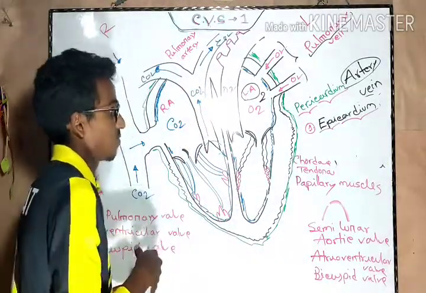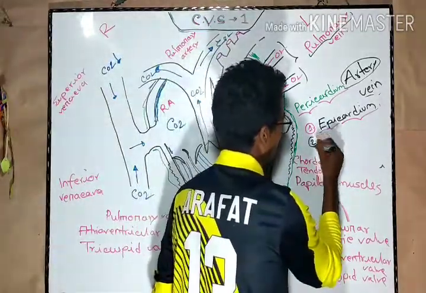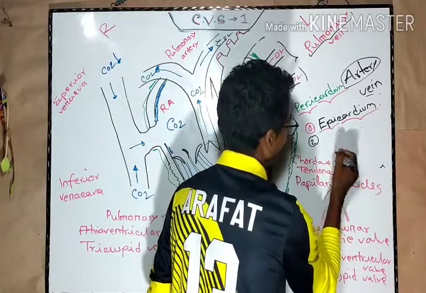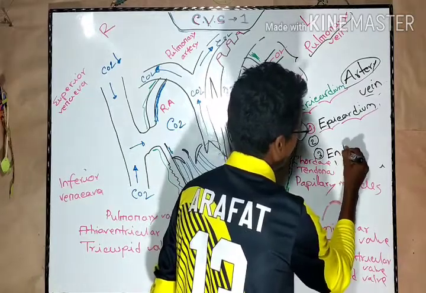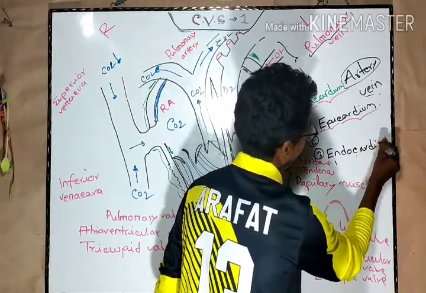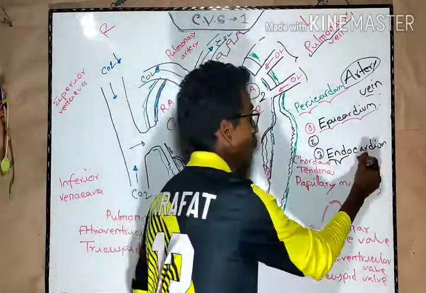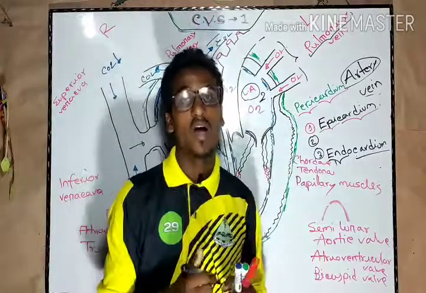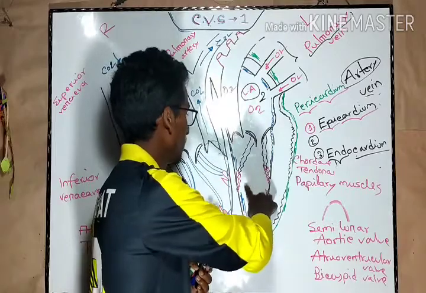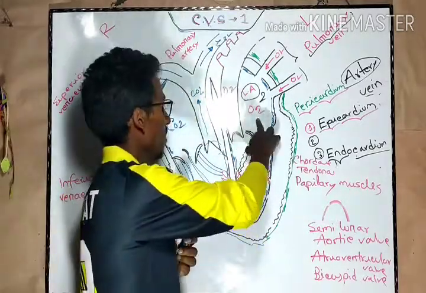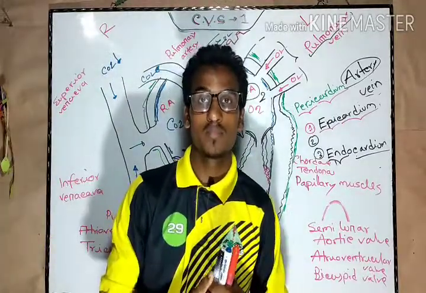So the inner layer is called the endocardium. Endo is connected with inner and cardium with the heart. The inner layer is made up of smooth squamous endothelium cells.